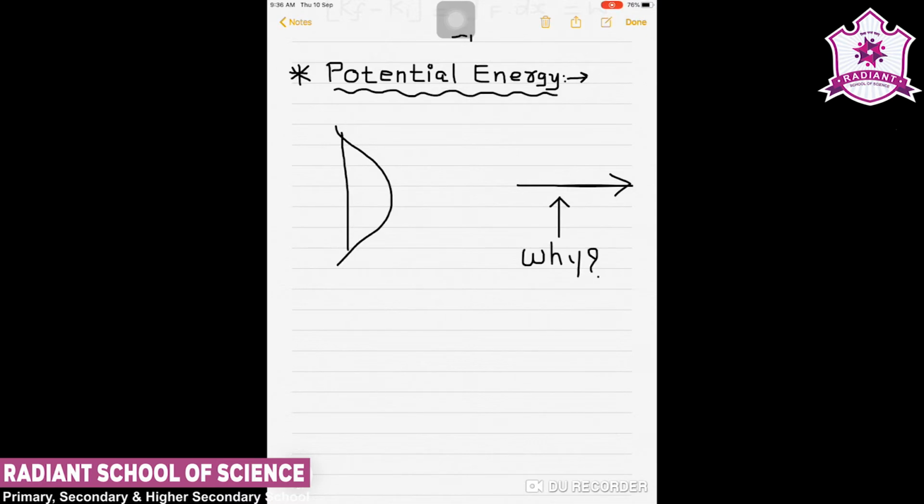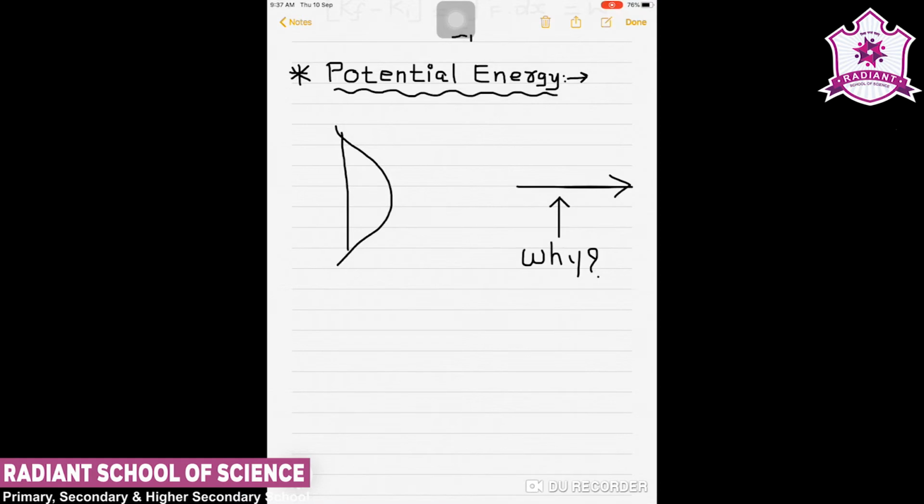The answer is very clear: when this bow is stretched, it possesses potential energy, and when it is released, that potential energy is converted into kinetic energy, and the arrow shoots from the bow. So the stretched bowstring possesses potential energy, which is used in the motion of the arrow, and the arrow flies with a great speed.